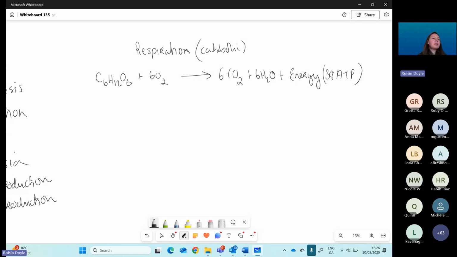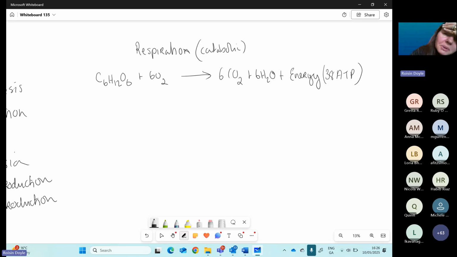Why, Róisín, do you get them to learn 38 ATP? Because that's how many units of ATP are produced during aerobic respiration. This, by the way, is the equation for aerobic respiration. And you need to know how many units of ATP are produced during aerobic respiration.